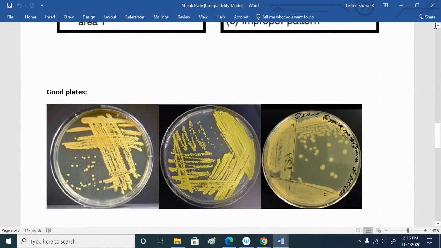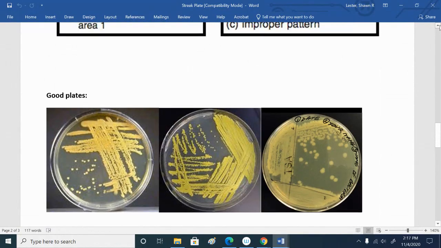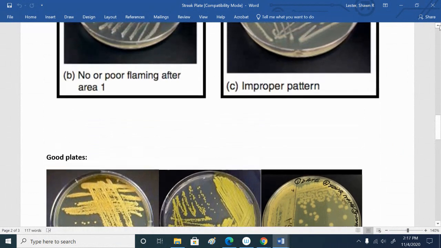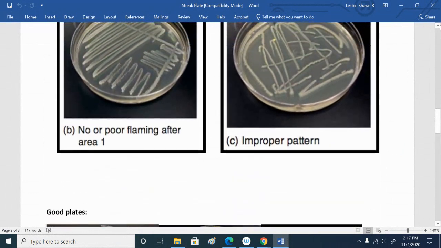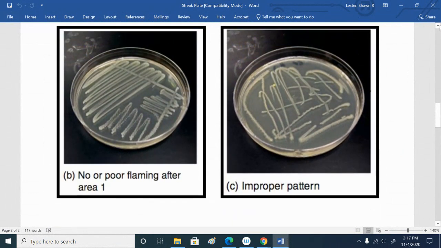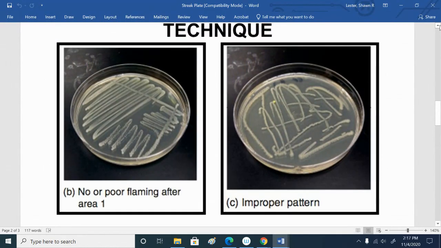What I would normally do in class is first talk about how to make a streak plate and draw it on the board, illustrating the technique. Then I would actually demonstrate the technique and make a streak plate while students were watching.